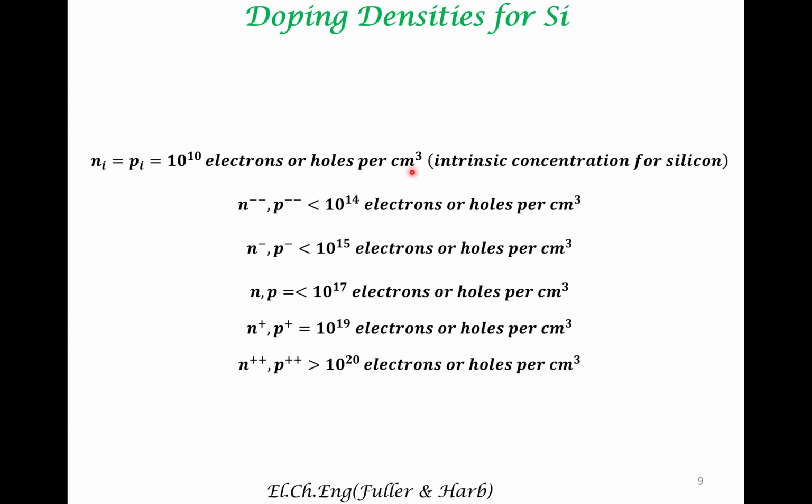This is the intrinsic carrier concentration in silicon. When you dope it to a small extent, the carrier concentration is of this order. When the semiconductor is doped to a greater extent, you have this carrier concentration. We'll be using these numbers in later lectures.